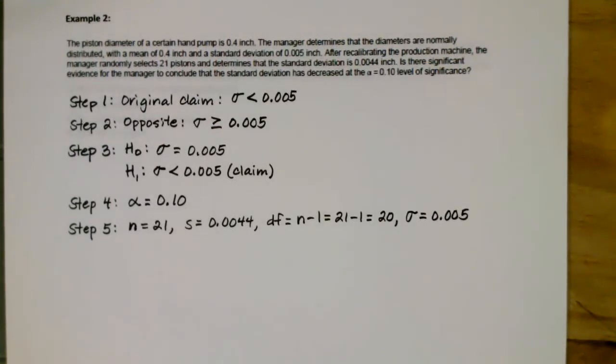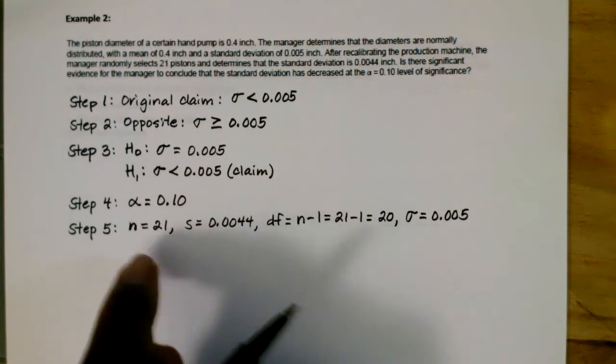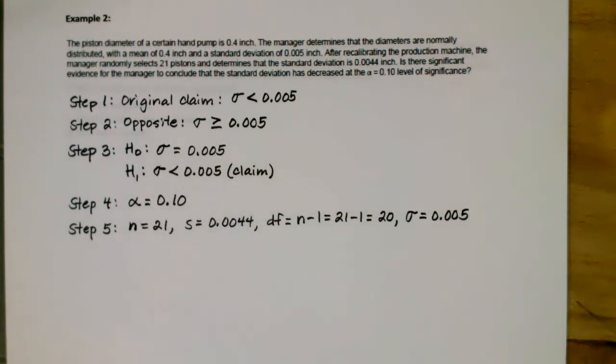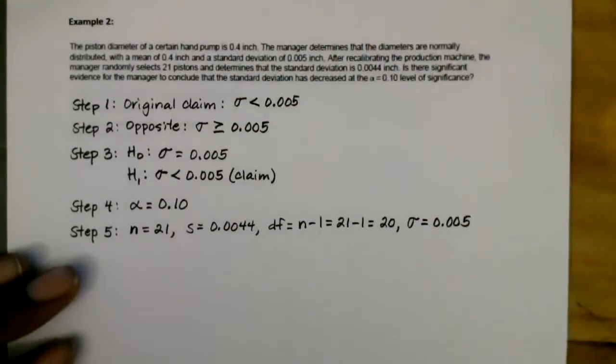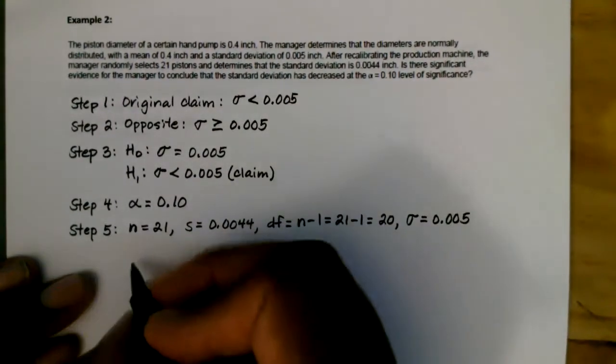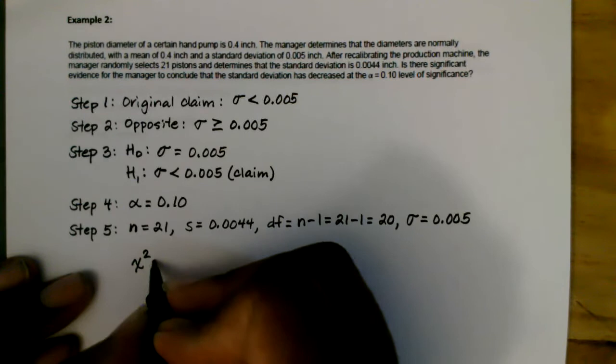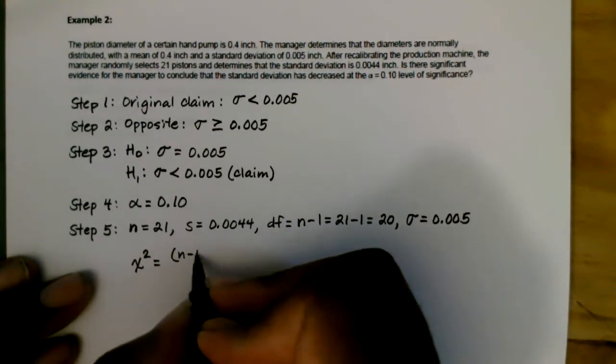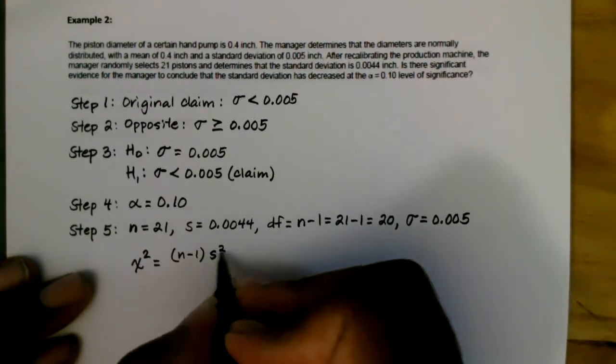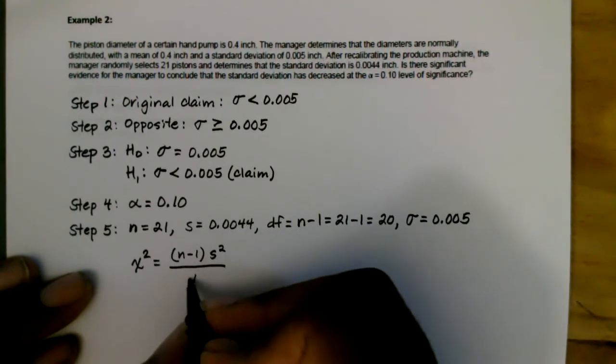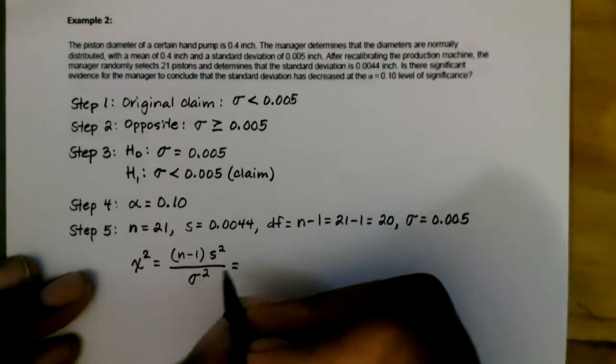And then we'll use those sample statistics to come up with the test statistic for chi-square, which is, of course, N minus 1 times S squared, all divided by sigma squared.